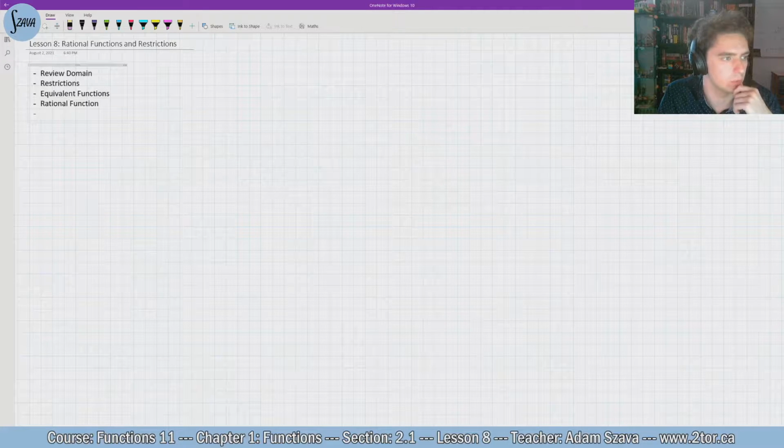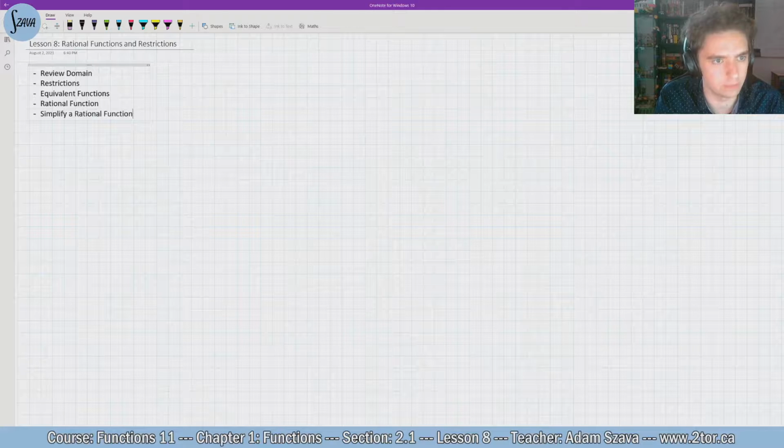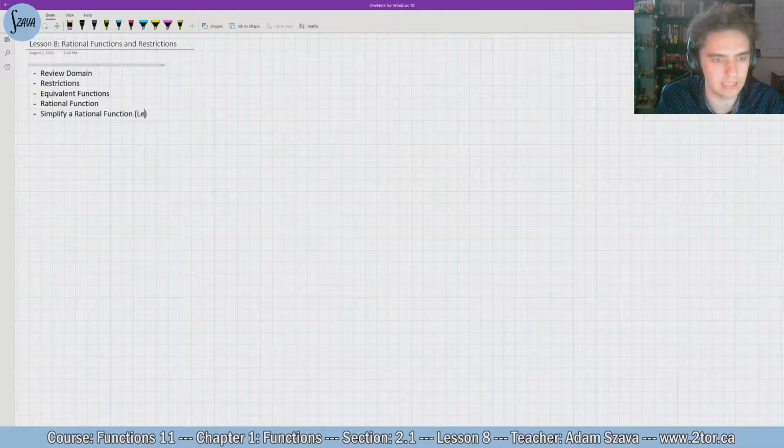We're going through a lot of different examples and exploring all this. The final thing that we're going to talk about is how to simplify a rational function. This last step brings us to our next lesson. Lesson 9 will continue this idea.